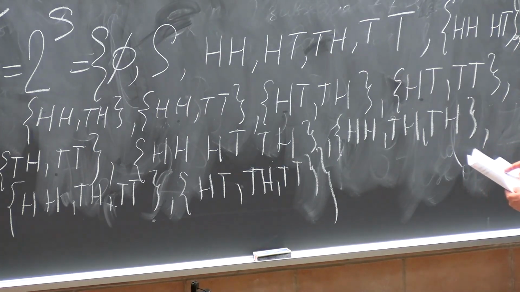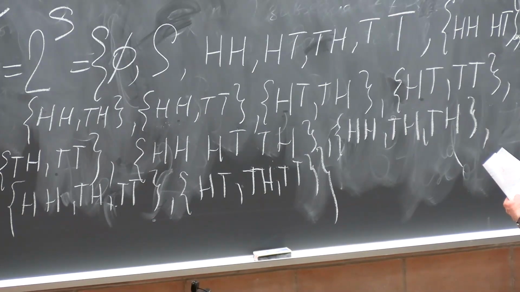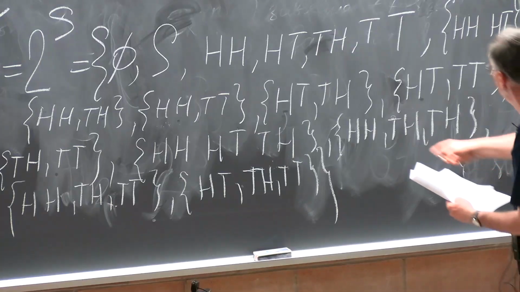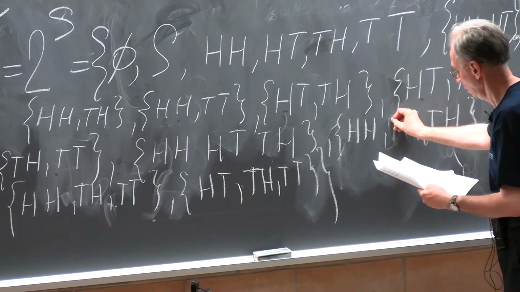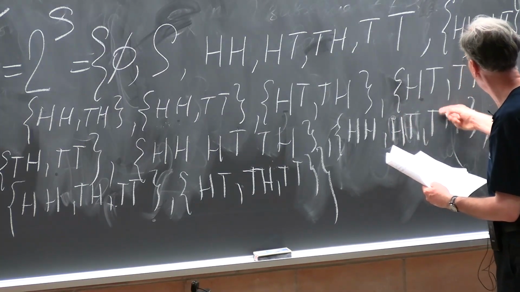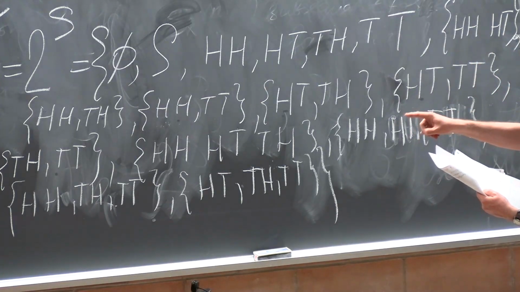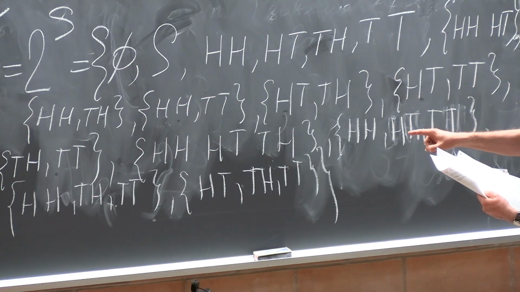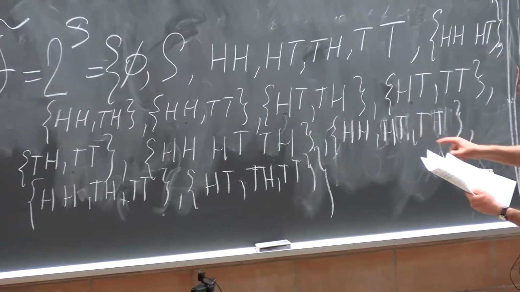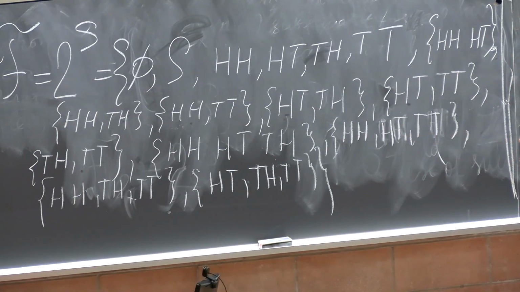Now I have HH, HT, TH, and HH, HT, TT, and HH, TH, TT, and HT, TH, TT. Did I get it right?